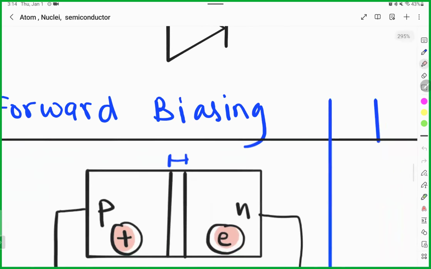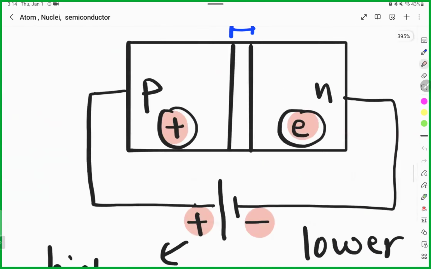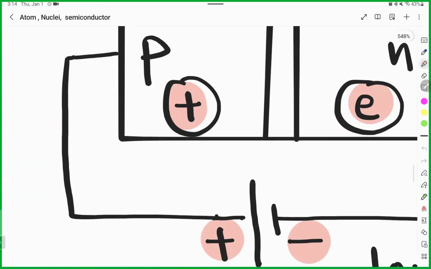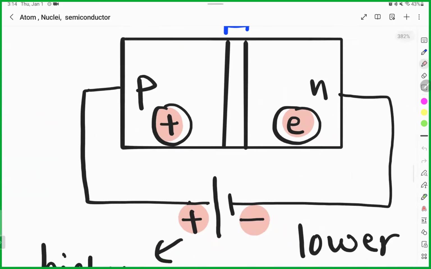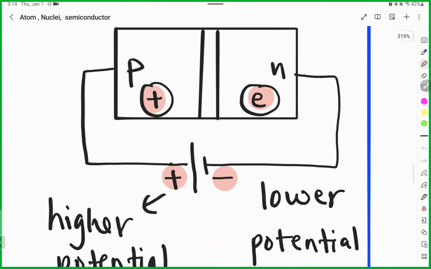Okay. In case of forward biasing, you can see the P side is attached to the positive terminal of the battery and the N side is attached to the negative terminal of the battery. The positive terminal is known as higher potential and the negative terminal is known as lower potential.